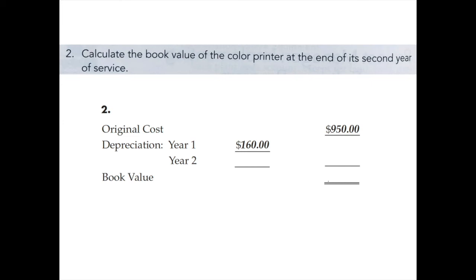The second year, since it's straight line depreciation, it's going to depreciate by the same value, $160. We add those two numbers together, so after 2 years, it's going to depreciate by $320. To figure out what our book value is right now, we take the $950 minus the $320, and the book value, what our printer is worth after the second year, is $630.